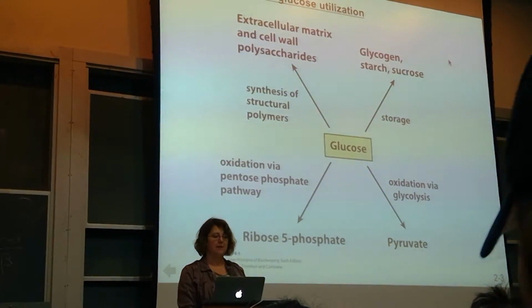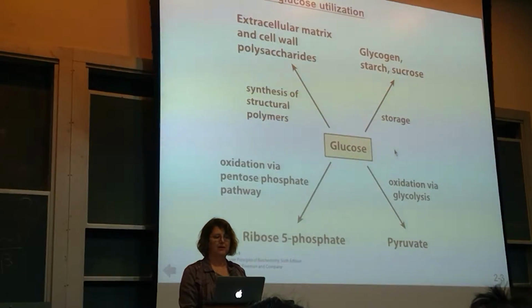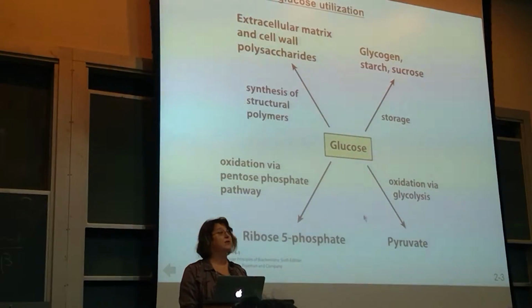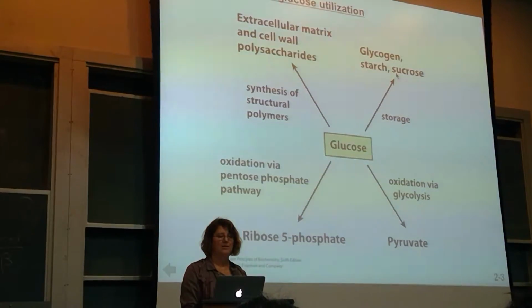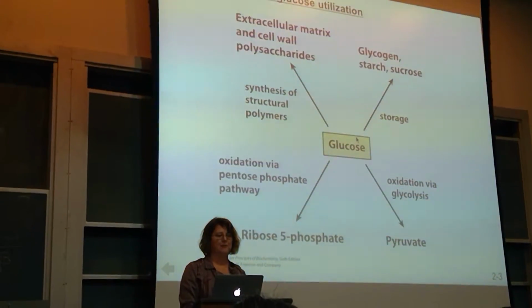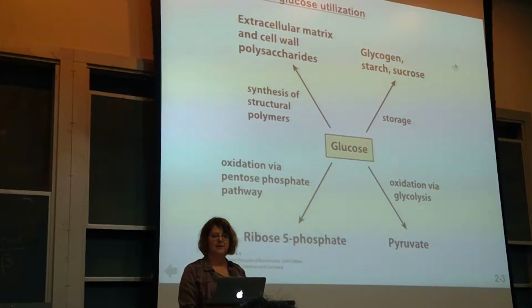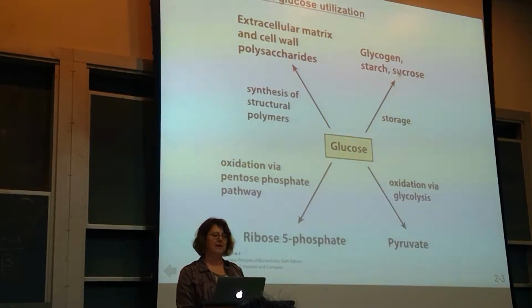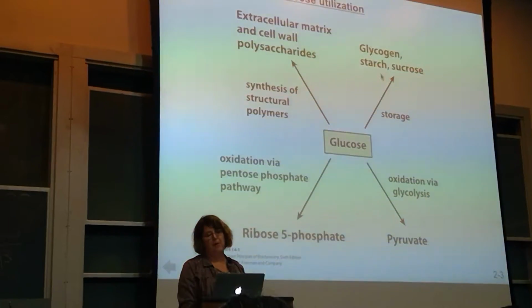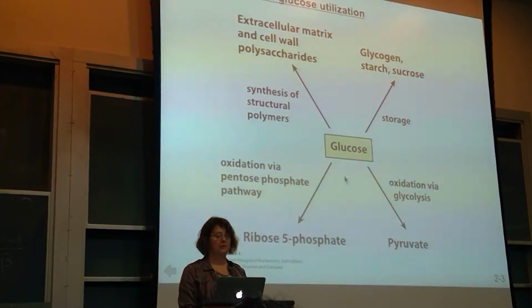So we want to know how we control whether glucose is used and how it's used, and then whether it's stored. Not only does it go in one direction in storage, but it goes in both directions. So here is gluconeogenesis, and here it's like depolymerization, or breakdown of glucose.